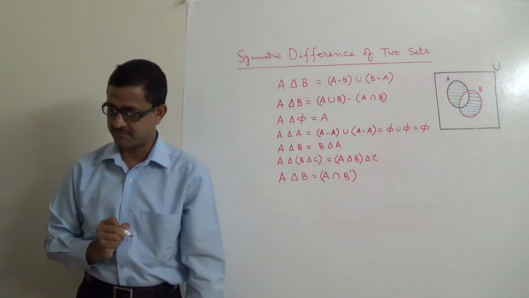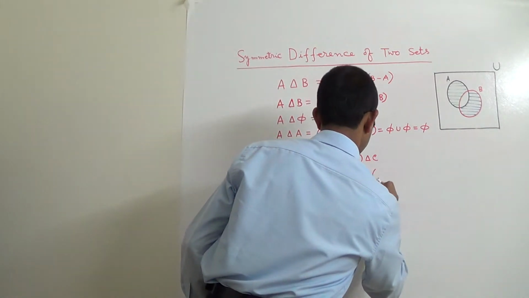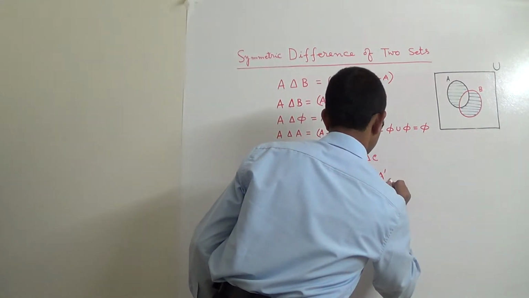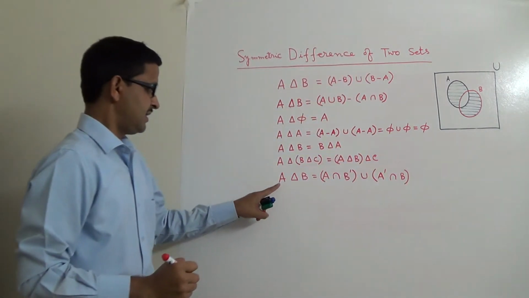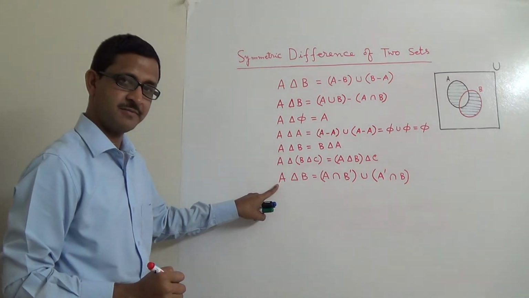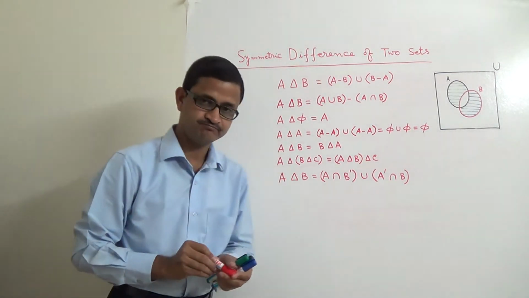A intersection B prime union A prime intersection B. You can make an experiment using Venn diagram, you will find it out.